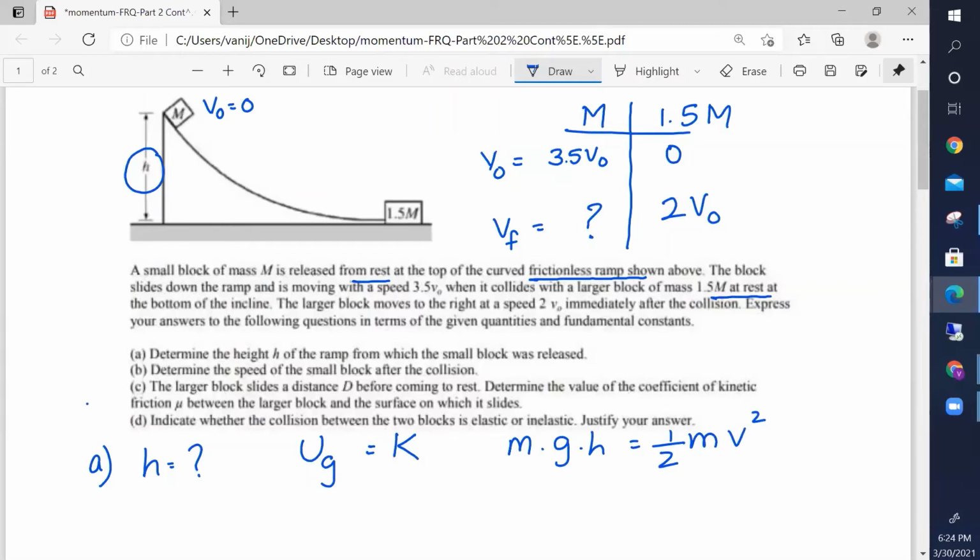Now it's the same block, so I'm going to get rid of mass. I don't even need mass. And I want height, so h is going to be equal to 1/2 v squared over g.